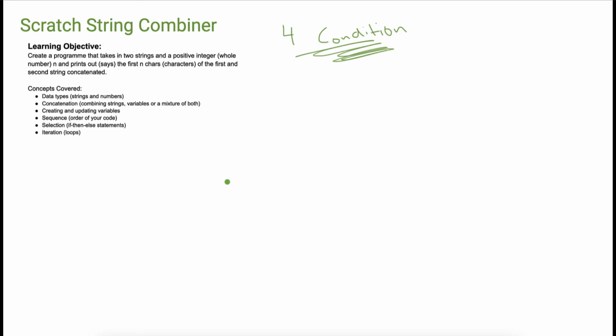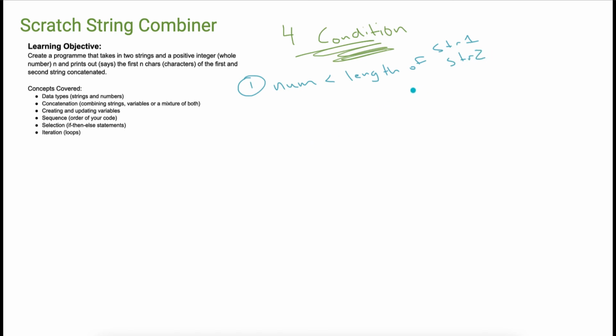Otherwise, we check for the other condition, etc. So the first condition is if the num that the user types in is less than the length of string 1 and string 2, both of them.